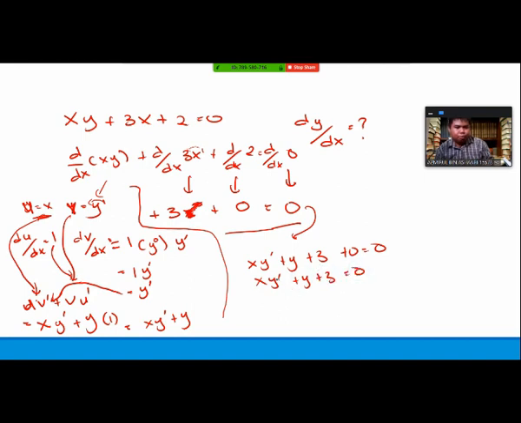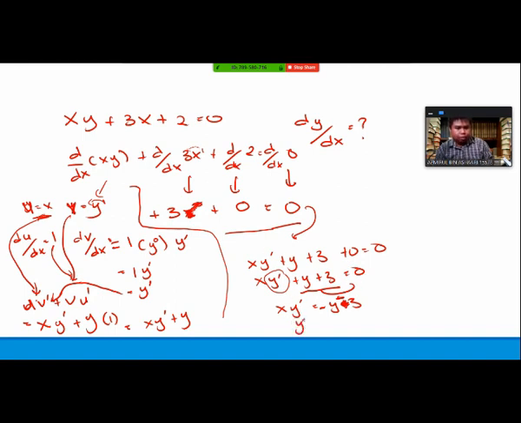Okay, I move what doesn't have y prime. Siapa yang tak ada y prime, saya move ke belah sana. Move ke belah kanan. This one I move to the right side. It becomes x y prime equal to negative y, negative 3. Y moved to the other side becomes negative y. 3 moved becomes negative 3.